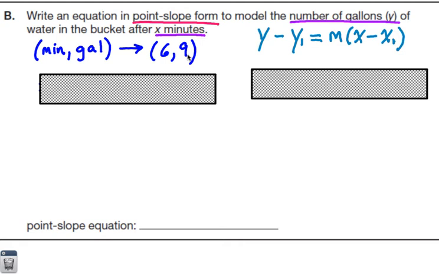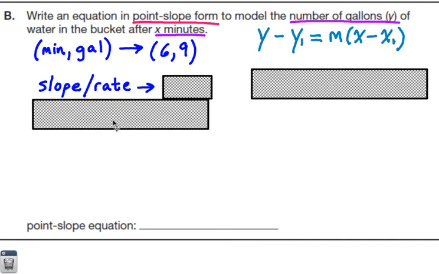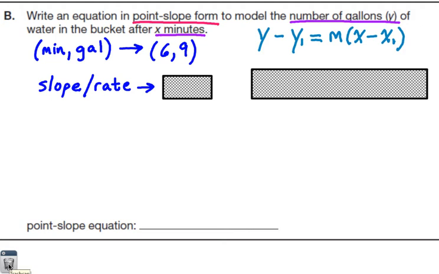We also need a slope. Now you got to remember, in preparing for the Keystones, that slope and rate are pretty much the same thing. So our rate is that we're losing half a gallon every minute.